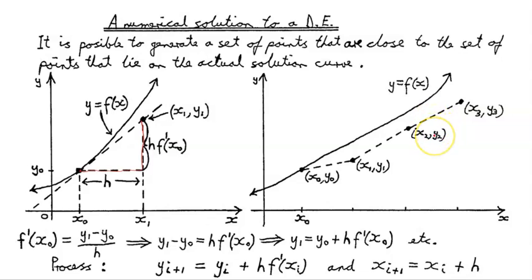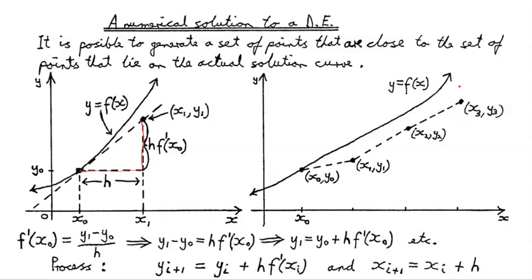They're a good approximation to it. And the way to make these points a better approximation is to keep the step length h smaller, shorter. The shorter we make it, the closer to the curve we get. That means we need more iterations.